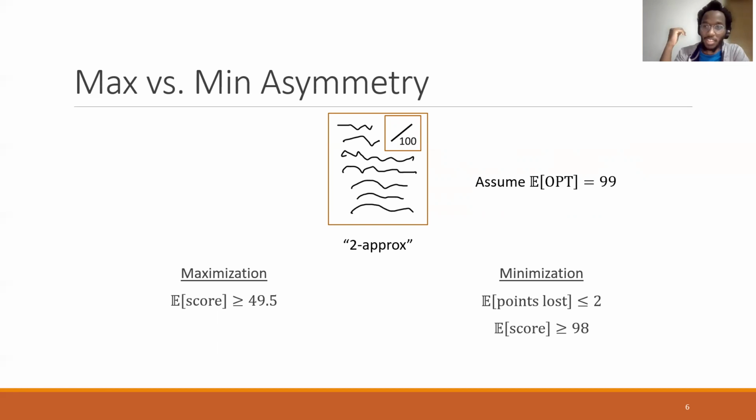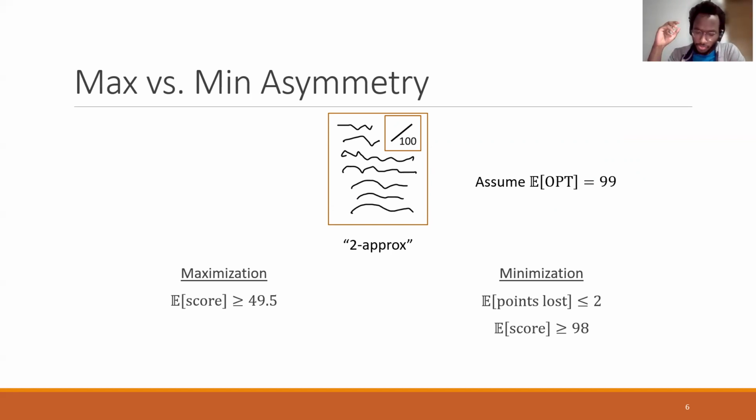The smartest kid in the class is getting 99. If you get a two approximation in the maximization context, that's saying your expected score is better than about 50%. Whereas in the minimization context, getting a two approximation means that your expected number of points lost is less than or equal to 2, meaning your expected score is greater than or equal to 98%.